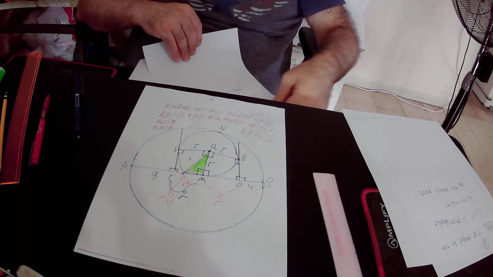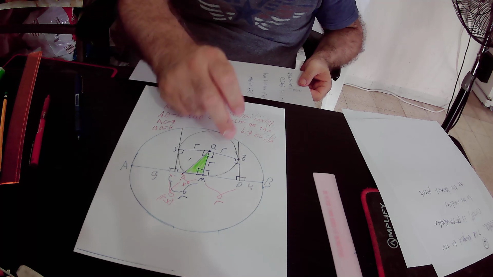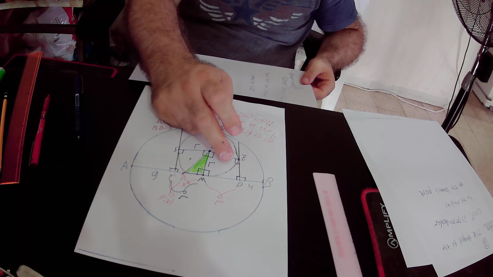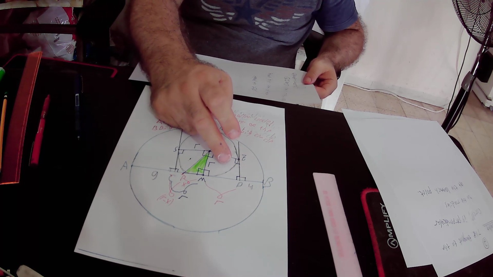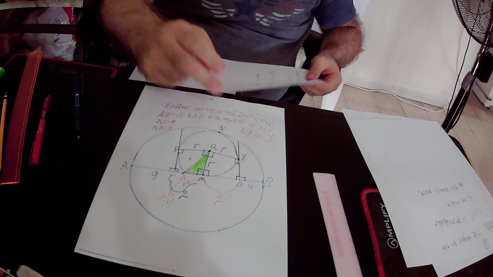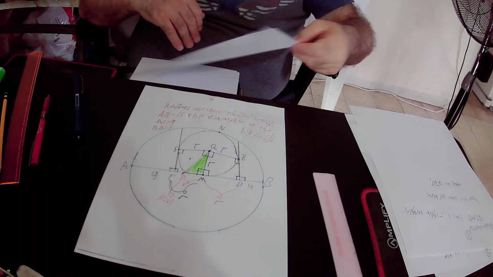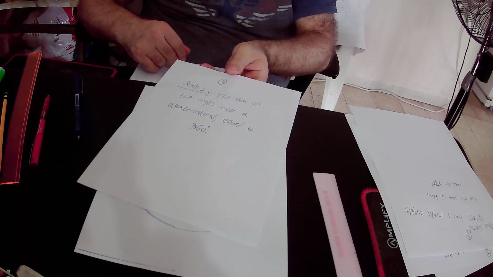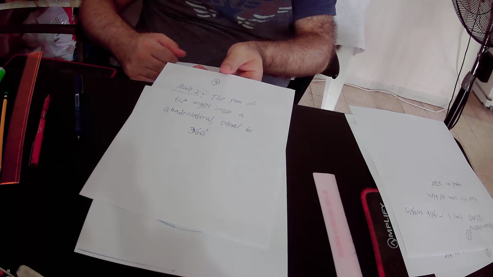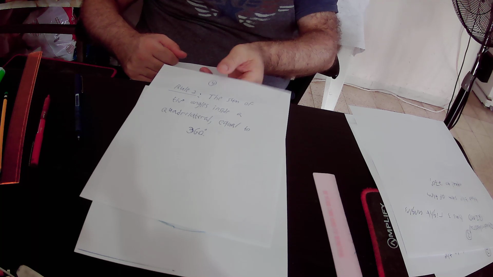So the sum of the 3 angles of this quadrilateral is 270 degrees, and we have rule number 2 that states that the sum of the angles in a quadrilateral equals 360 degrees.